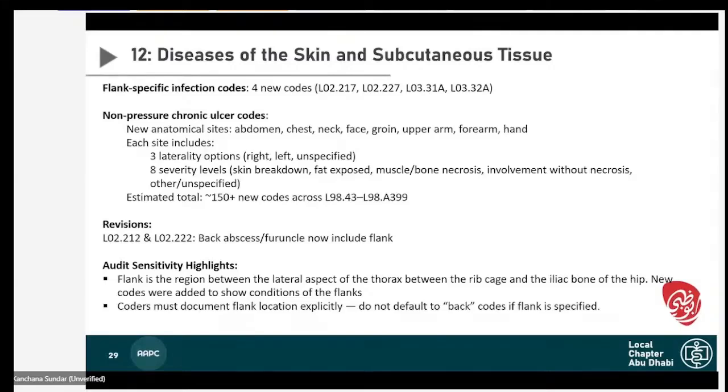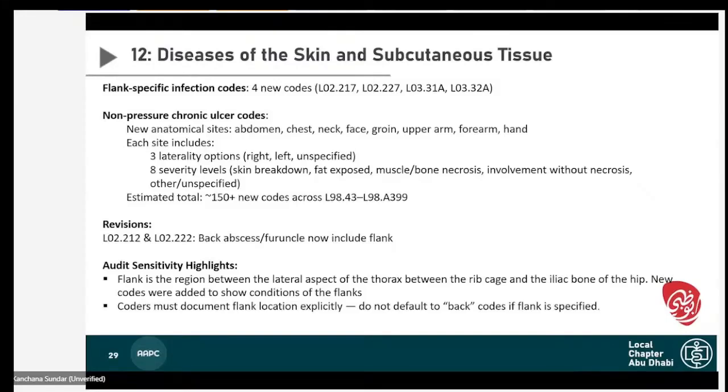And as I specified, flank is an important inclusion in the site, which we see in skin and subcutaneous tissue, which has been revised wherever the back abscess and back related injuries are there. We see the flank being included. So for audit sensitivity, I highlight that flank has been added. Flank is a region between the lateral aspect of the thorax, between the rib cage and the iliac bone of the hip, and new codes are added to show conditions of the flanks throughout the chapters.